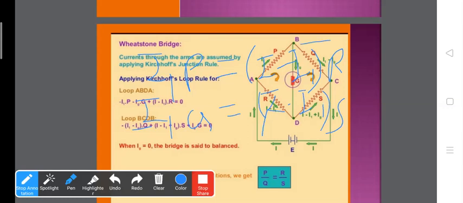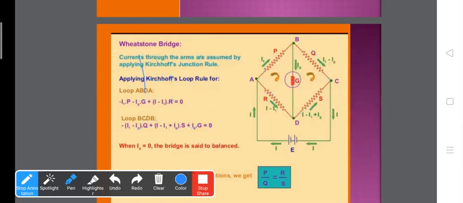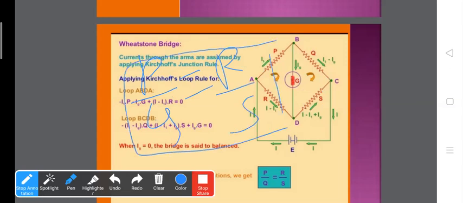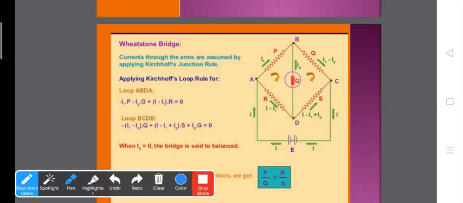This is equation 5 and this is equation 6. On dividing equation 5 by equation 6, we will get P upon Q equal to R upon S, which is the condition of a balanced Wheatstone bridge. I think this is clear to you: what is the Wheatstone bridge and what is the balanced condition of the Wheatstone bridge.